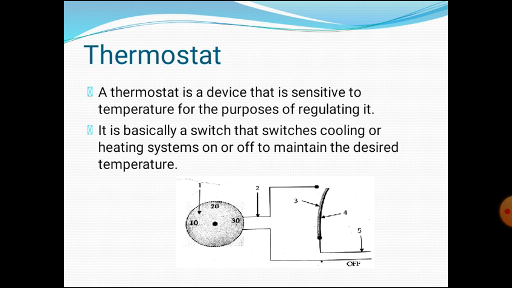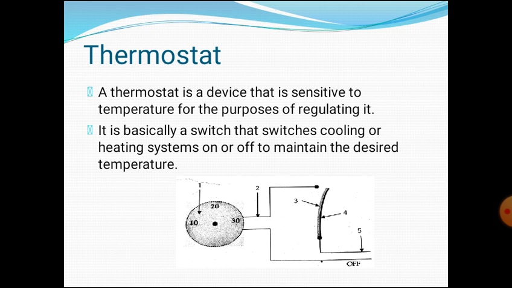Thermostat. Thermostat is a device that is sensitive to temperature for the purpose of regulating it. It is basically a switch that switches a cooling or heating system on or off to maintain the desired temperature.